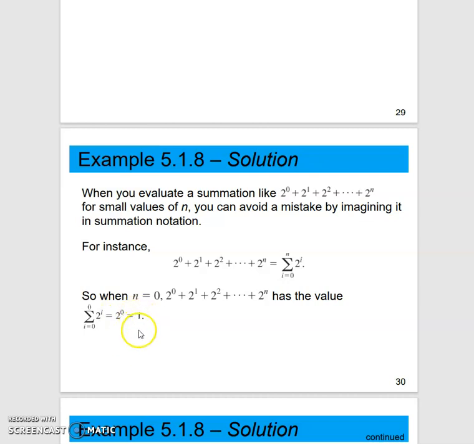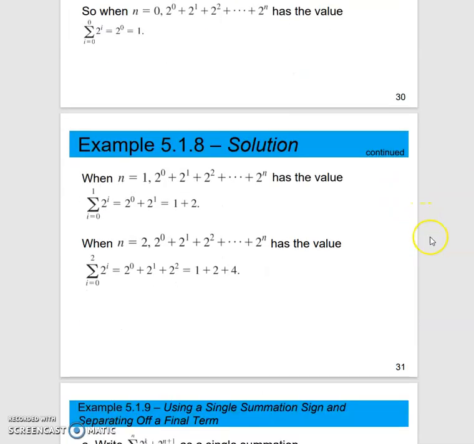So I will just get 1 there. Now, once I get the other ones, I will actually add a few out. So if we're going to 1, I'll have 2 to the 0 plus 2 to the 1. I'll get 3 there. And similarly, I'll have 2 to the 0 plus 2 to the 1 plus 2 squared. And then similarly, add those up.